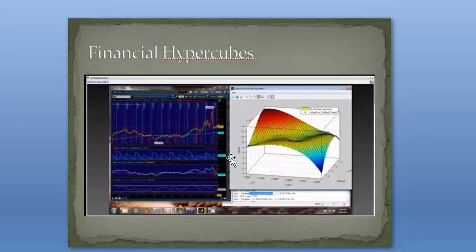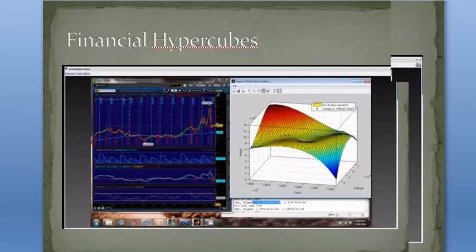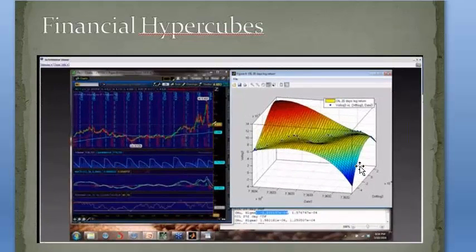Now, here, this is a graphic that I did during a presentation with Brian a few months ago, I think. And this is Thinkorswim on this side, the trade platform I use. I don't remember what this was.